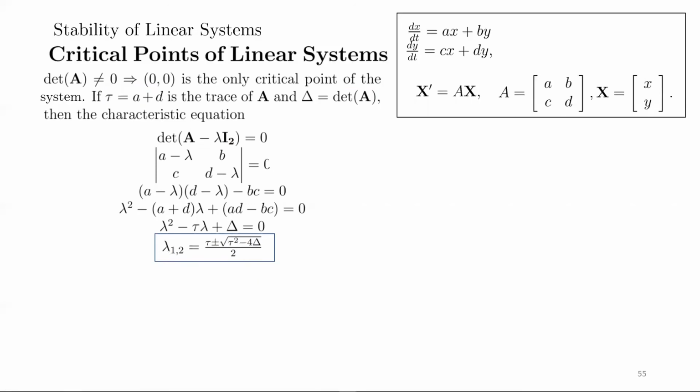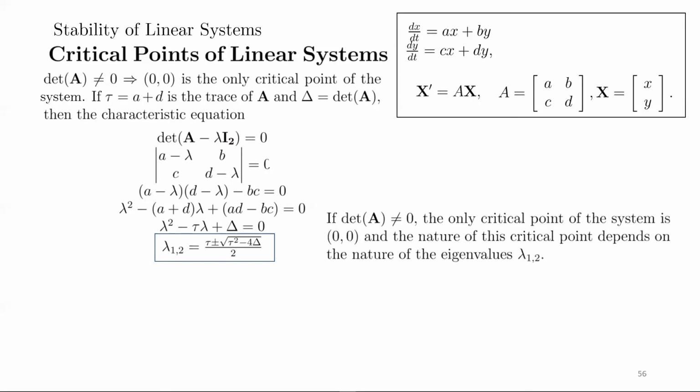This relationship only holds for the 2 by 2 system, not for higher order systems like a 3 by 3 matrix. So if the determinant of A is not equal to 0, the only critical point of the system is (0, 0), and the nature of the critical point depends on the eigenvalues lambda 1 and lambda 2.